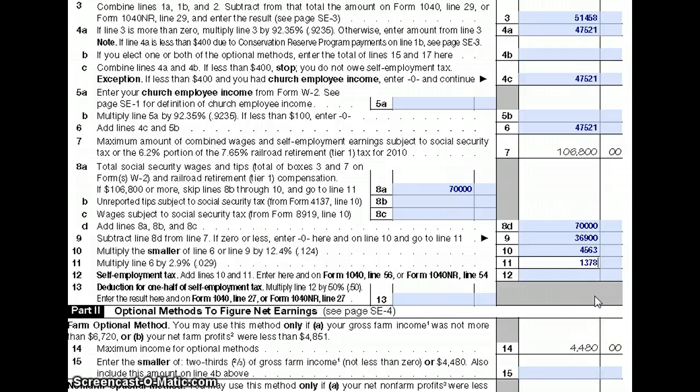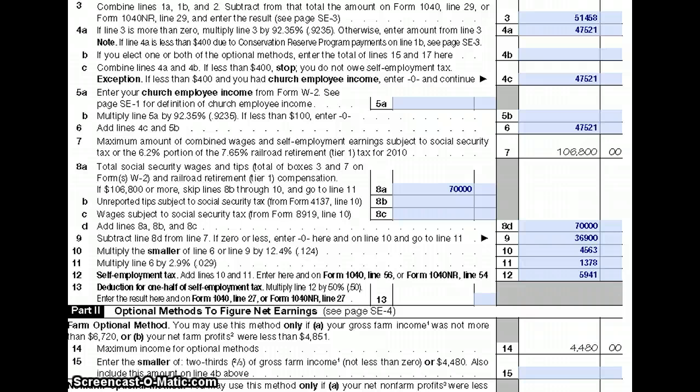Again, that's our 47,521 times 0.029. For our total self-employment tax, we add our 4,563 and our 1,378, and we get 5,941, which is our self-employment tax, and it goes on our Form 1040, line 56.